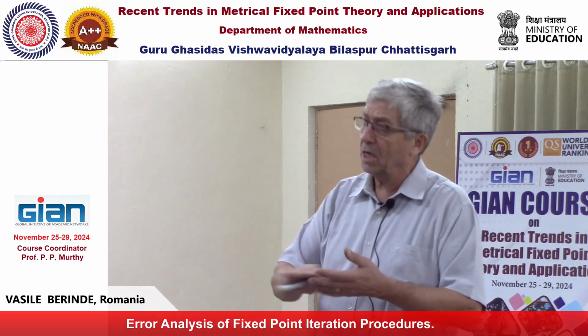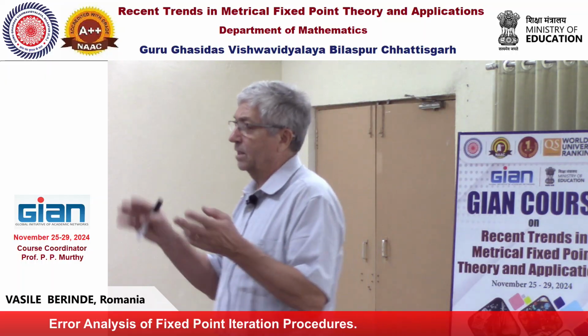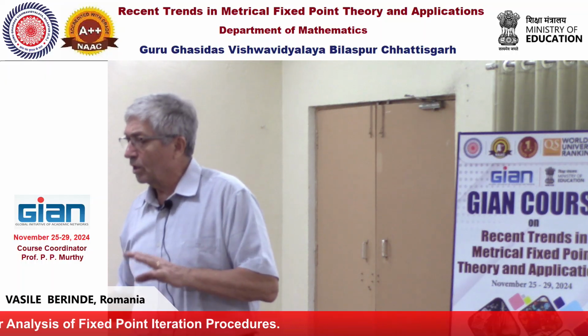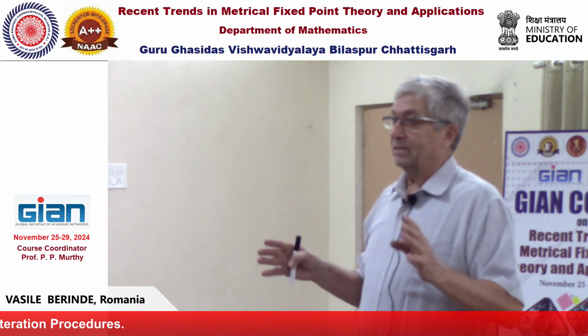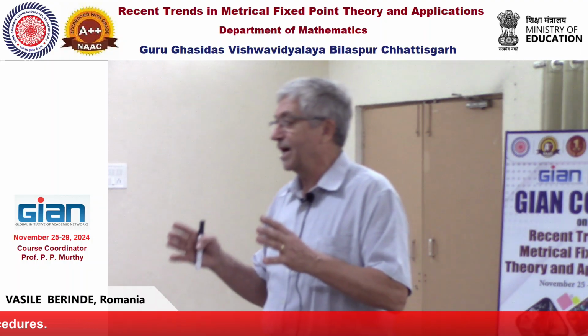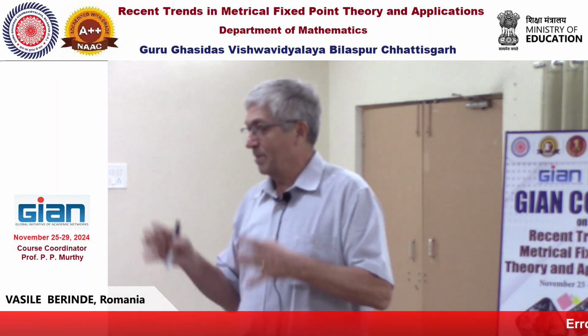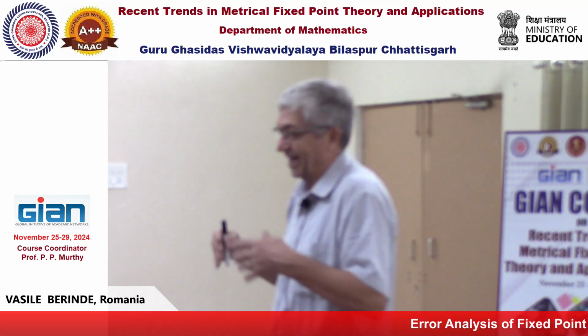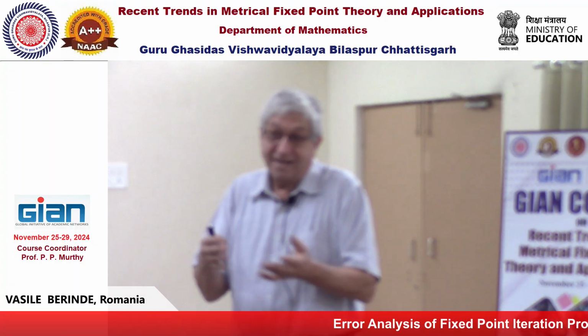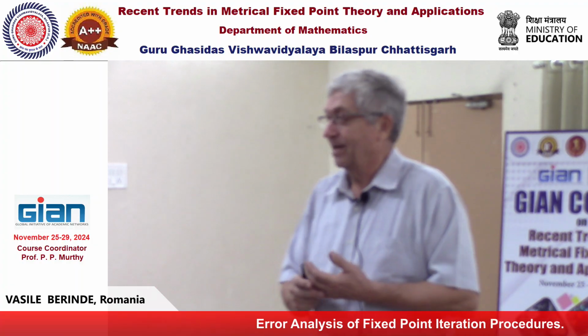And they say, okay, results seem to be correct, proofs seem to be correct, the results seem to be new, and so on. But there is a serious objection: there is no application, no numerical experiment.